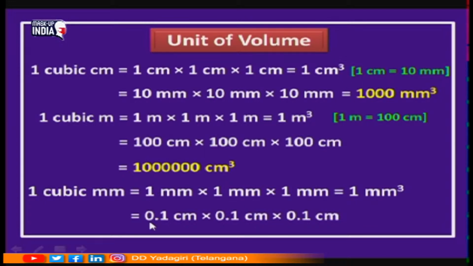So, 1 millimeter is 0.1 centimeter into 0.1 centimeter into 0.1 centimeter. If you multiply these 3, you get 0.001 centimeter cube. That means 1 millimeter cube, I can write it as 0.001 centimeter cube. So, these are very important, children, mostly we come across them in solving problems.